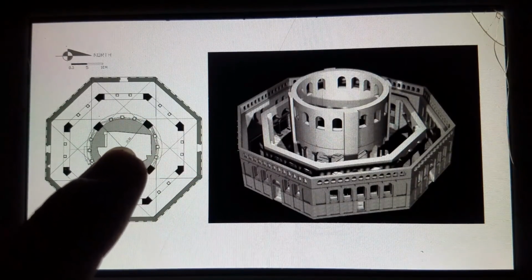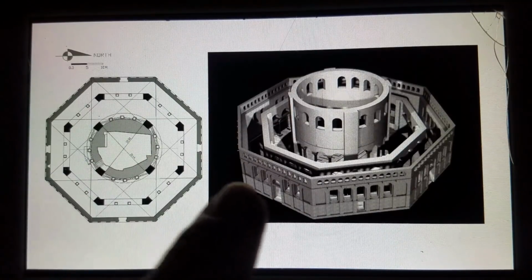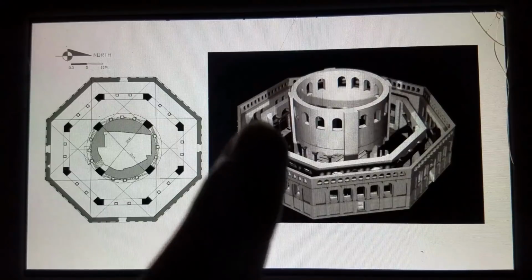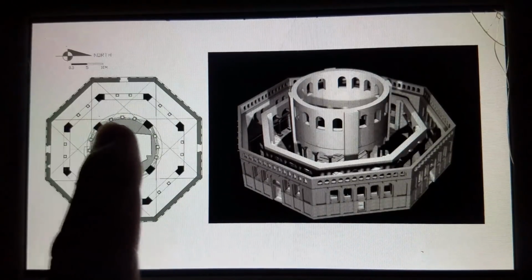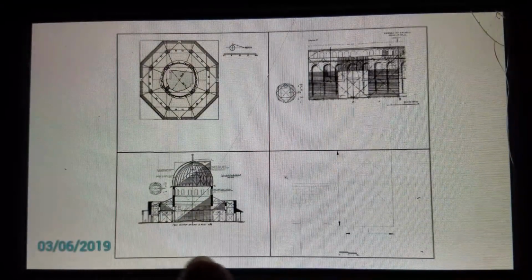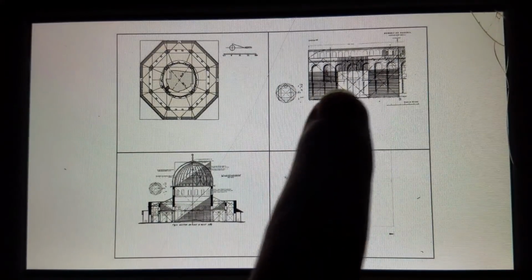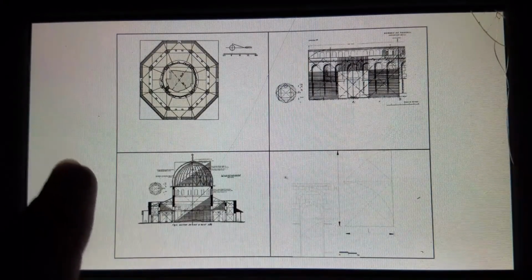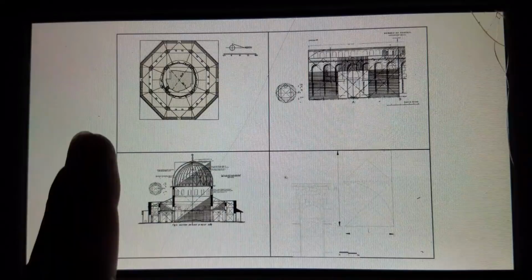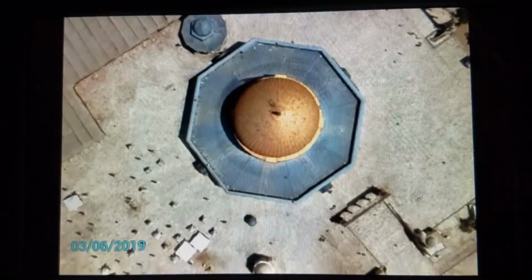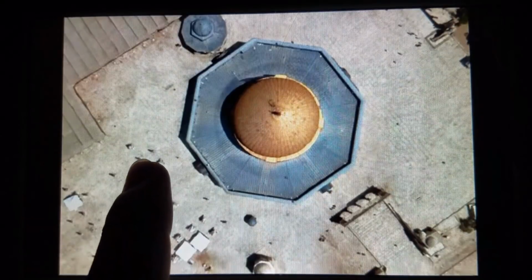We believe this is like the bema or judgment seat that Herod would have had, and that the early Christians would have built a site to commemorate this. Here are some other architectural layouts to show us. We don't, of course, have the actual building of the Kathisma Church, but here's an overall of the Dome of the Rock.